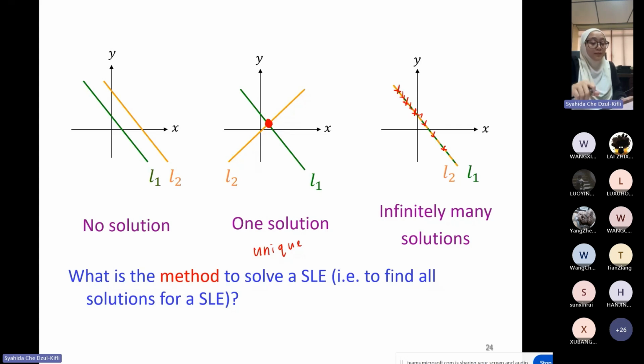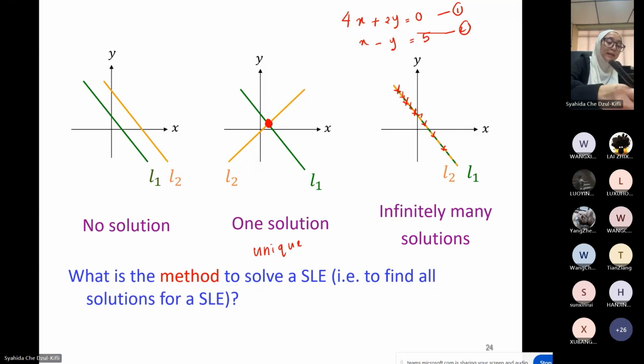I would like to recall, maybe from your school, let's say I have x plus 2y equal to 0 and x minus y equal to 5. If we have two linear equations with two variables, then to find the solution, I believe you did learn this in your school.